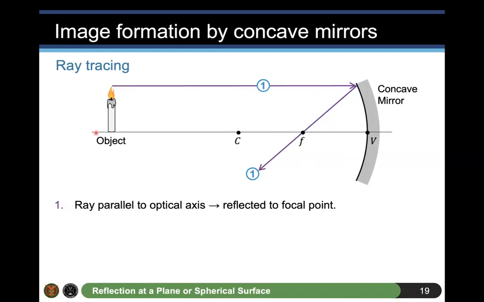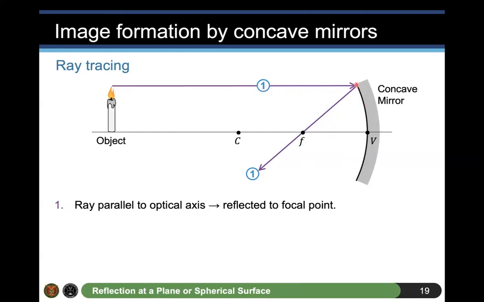So this line through the center of curvature and through the focal point, yan yung optical axis. Okay? Usually, nag-a-align tayo with respect to this optical axis. Okay? So any ray parallel to the optical axis, okay, let's say we draw that from the tip of the extended object. So ito yung ray 1, right?